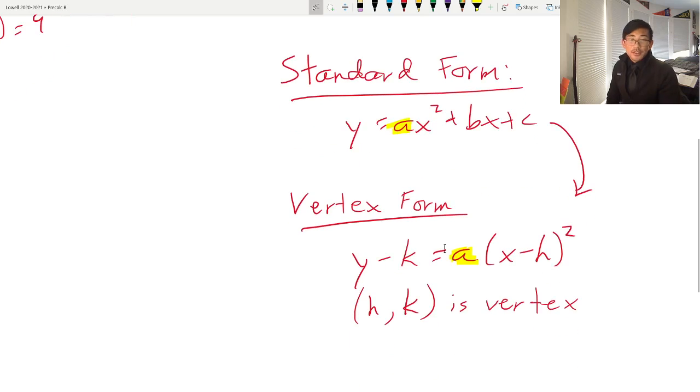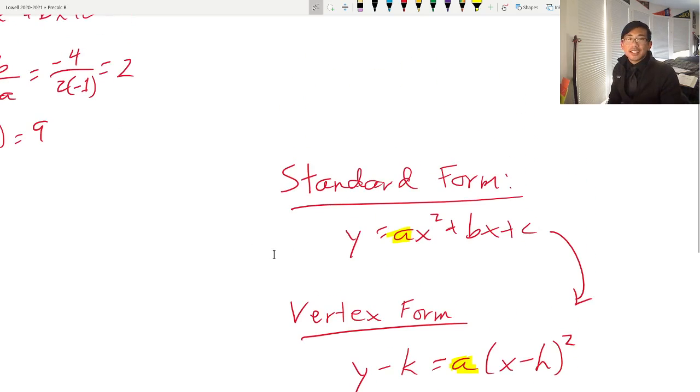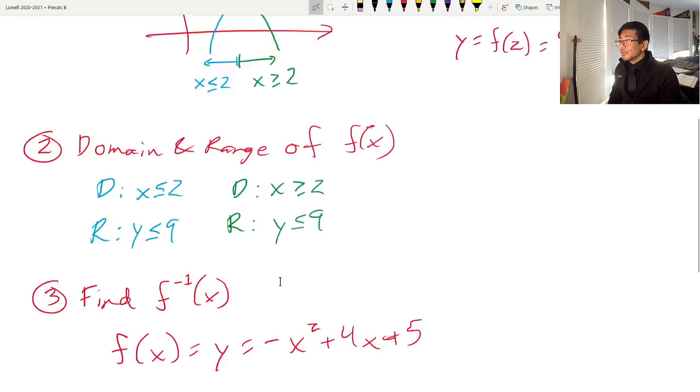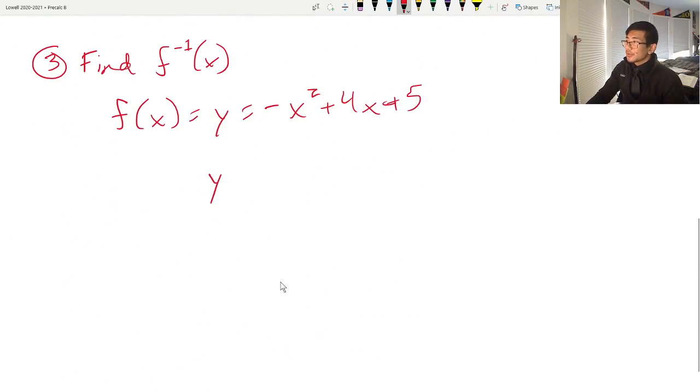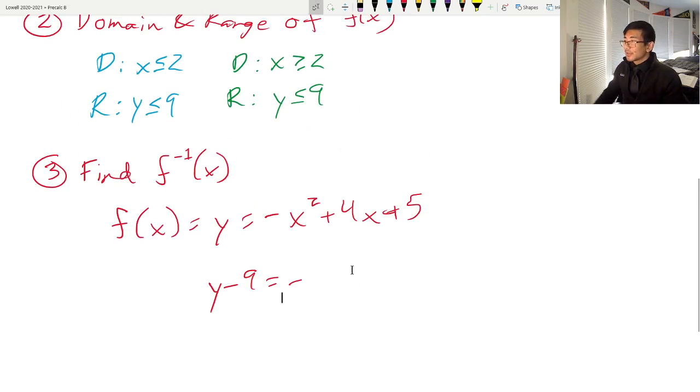And so if you complete the square correctly, you should get the exact same thing anyway. This equation in vertex form will be y minus 9 is equal to negative 1, because that was the a right here, so it'll be negative 1 times x minus 2 squared.